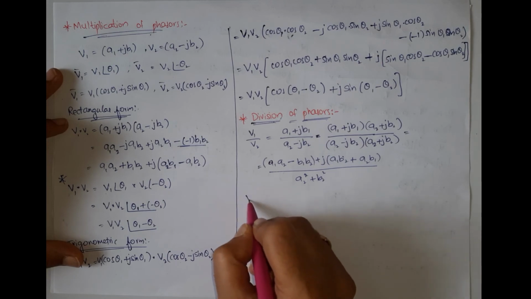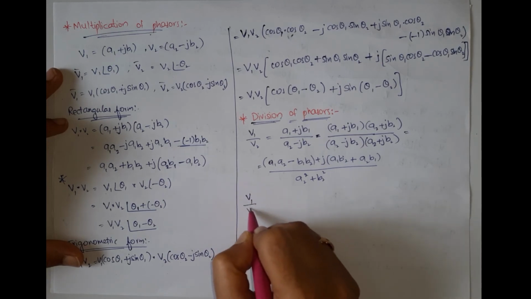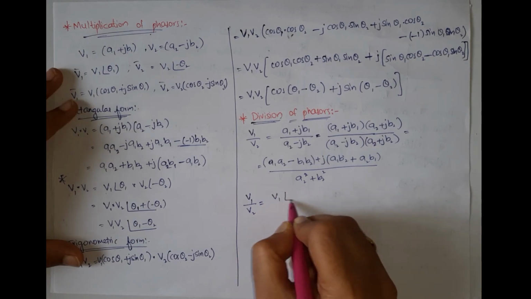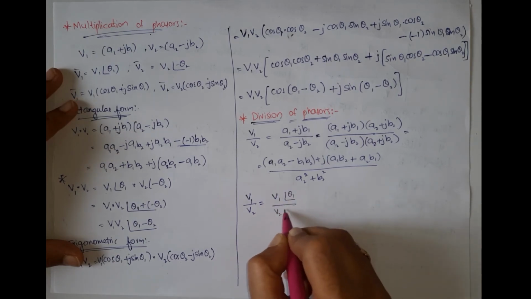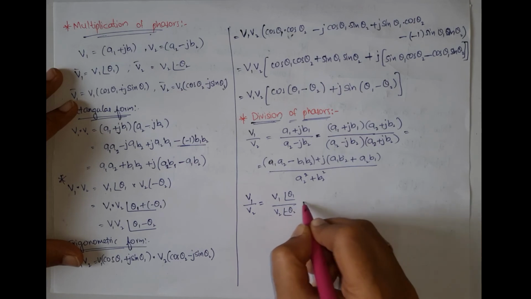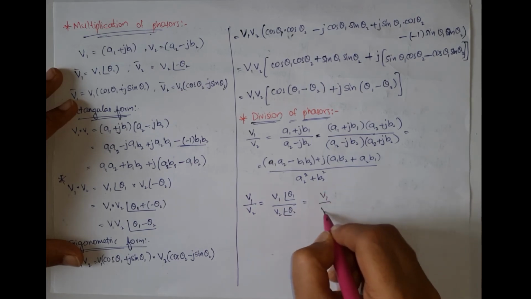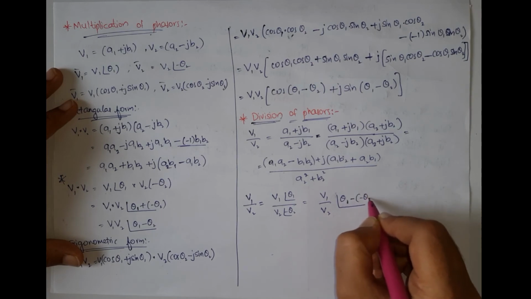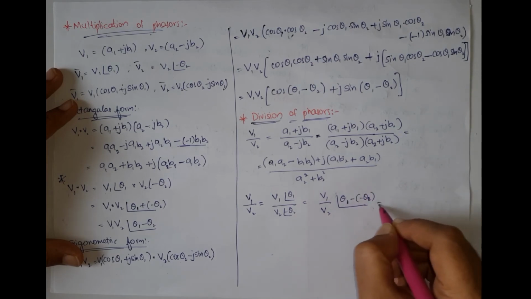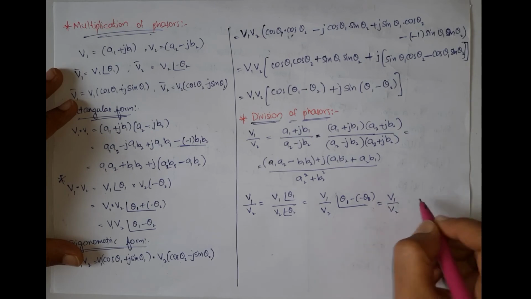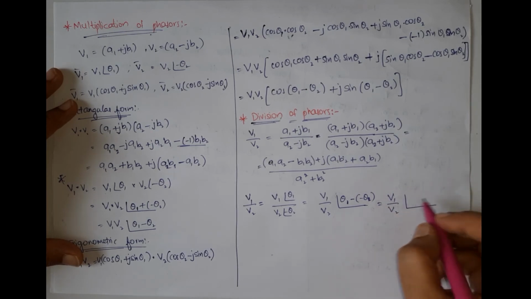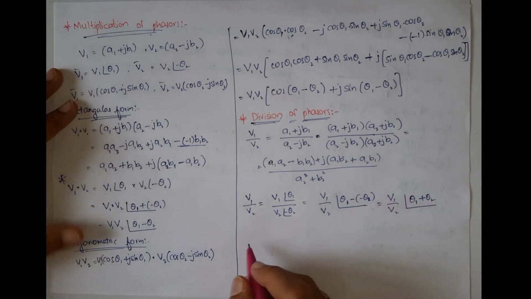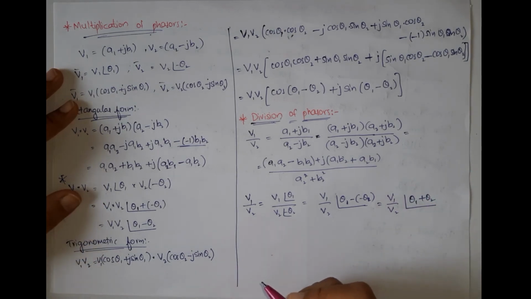Next, coming to polar form, V1 by V2 comes like V1 angle theta 1 by V2 angle of minus theta 2, which gives you V1 by V2 at an angle of theta 1 minus of minus theta 2. That is, simply divide the magnitudes and subtract the angles. Theta 1 plus theta 2 you will be getting, right?